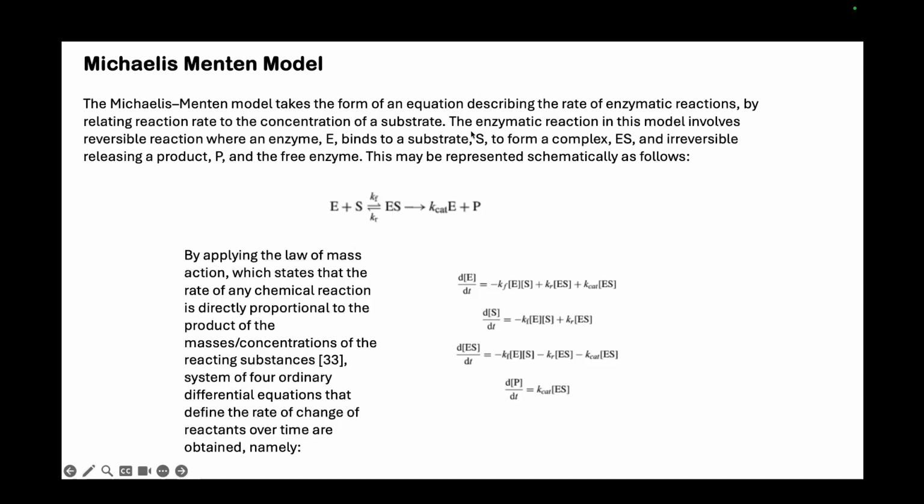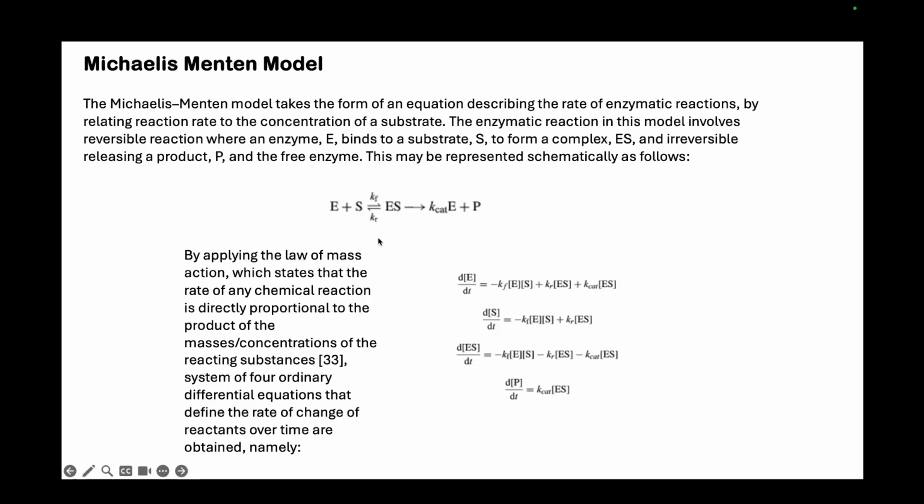Now if you apply the law of mass action on this particular reaction, which states that the rate of a chemical reaction is directly proportional to the product of the concentrations of the reacting substances, a system of 4 differential equations will emerge.